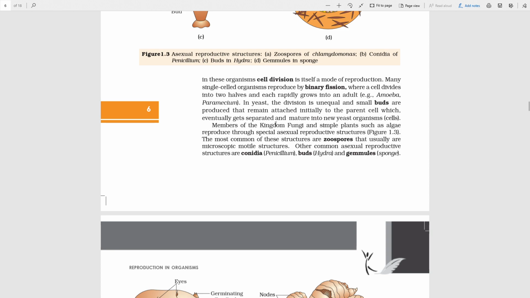They have special reproductive structures, and these are mostly called zoospores, which are usually microscopic motile structures. You can only see them under a microscope. Other common asexual reproductive structures are conidia, which is present in Penicillium, buds in Hydra, and gemmules in sponge.